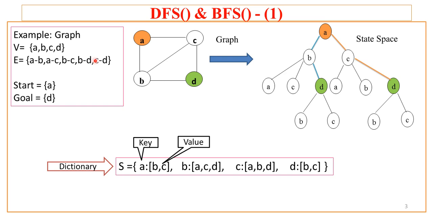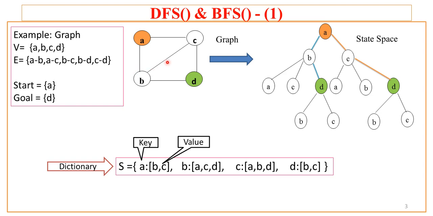Moreover, here the start and goal variables are used to indicate the starting and the goal of the graph, that is start node and goal node.